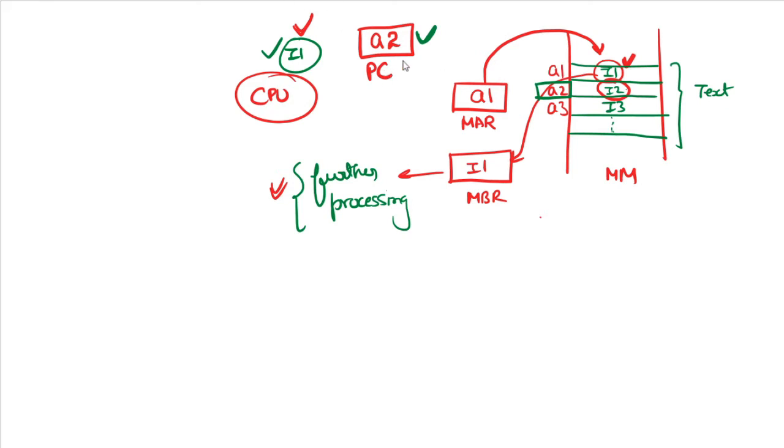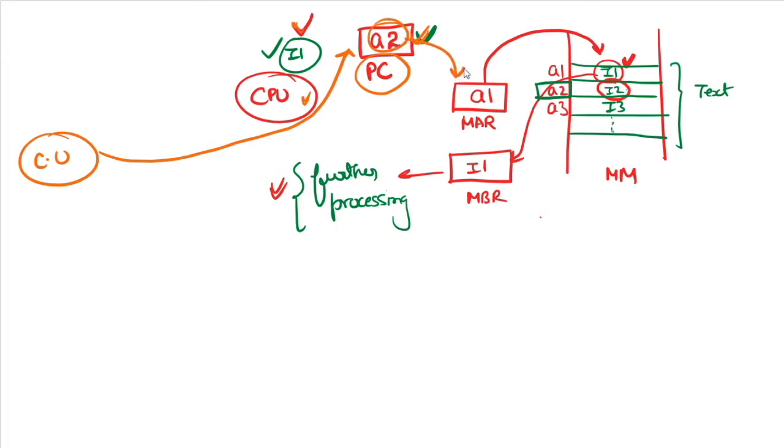When I1 was fully executed, the control unit signaled the program counter to send the address of the next instruction to the memory address register.